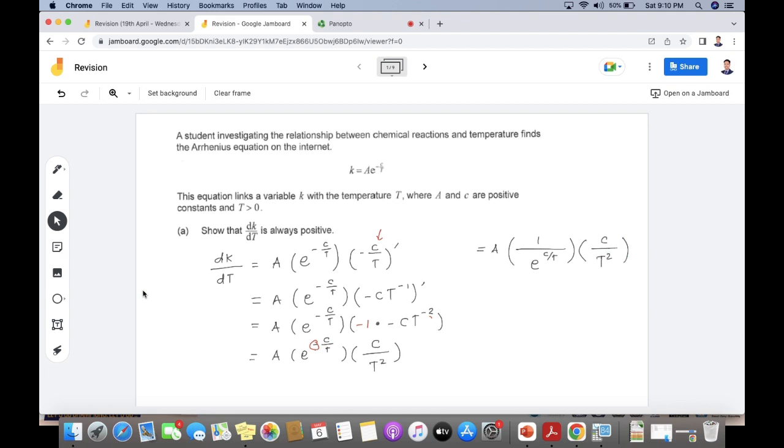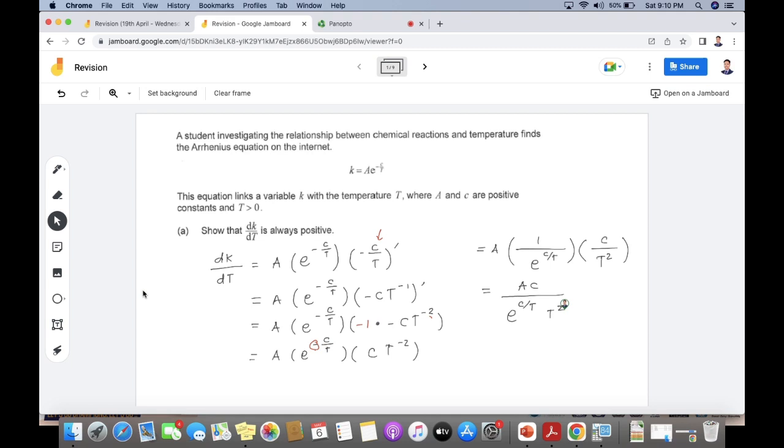Or if you want to see it consistently, let's replace this with positive c t to the power of negative 2, so that you can connect it with the one we just wrote. If we combine all these in one expression, we can now write this as a times c all over e to the power of c over t times t squared.